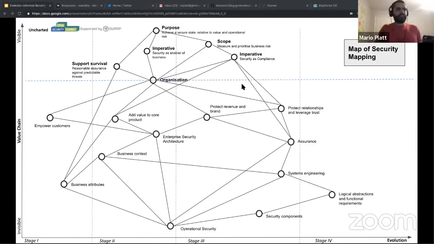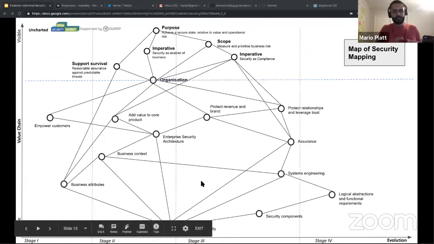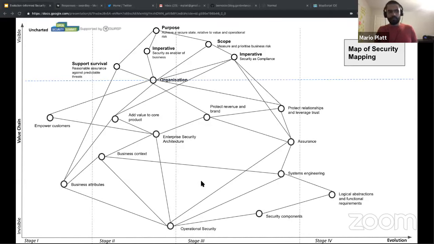Then underneath the line of the organization, this is mainly the SABSA enterprise framework. So we will do things on assurance, systems engineering, logical abstractions. We'll have security components, so all those things underneath. And that is also going to be relevant to the next section, the business context and the business attributes that we're trying to achieve.